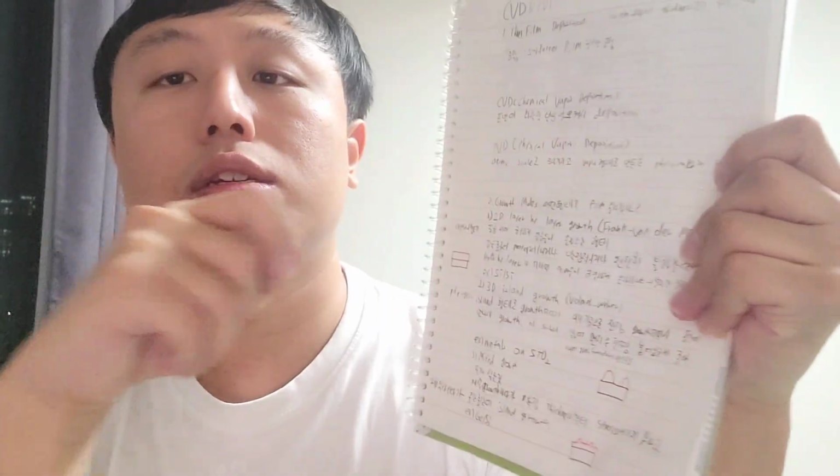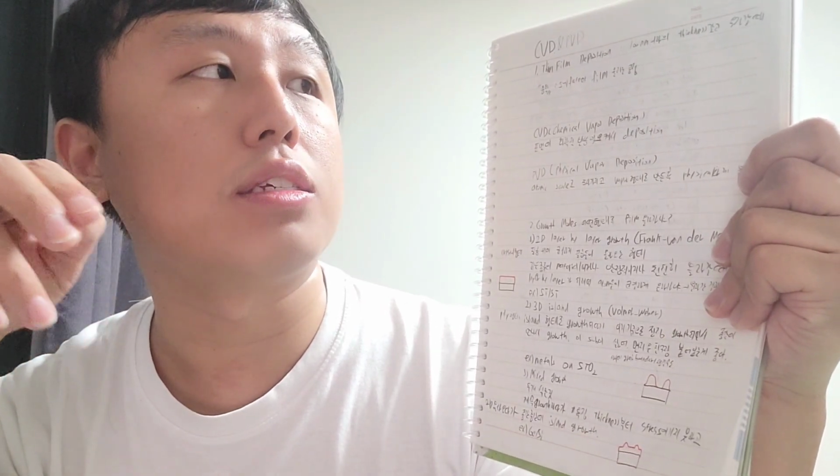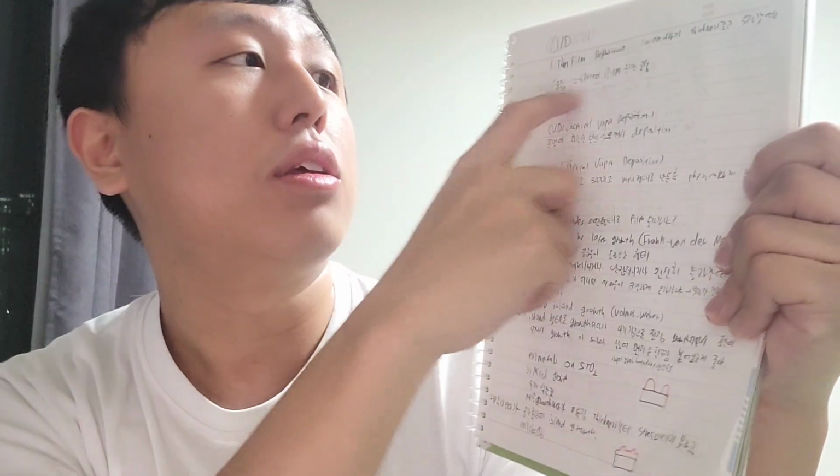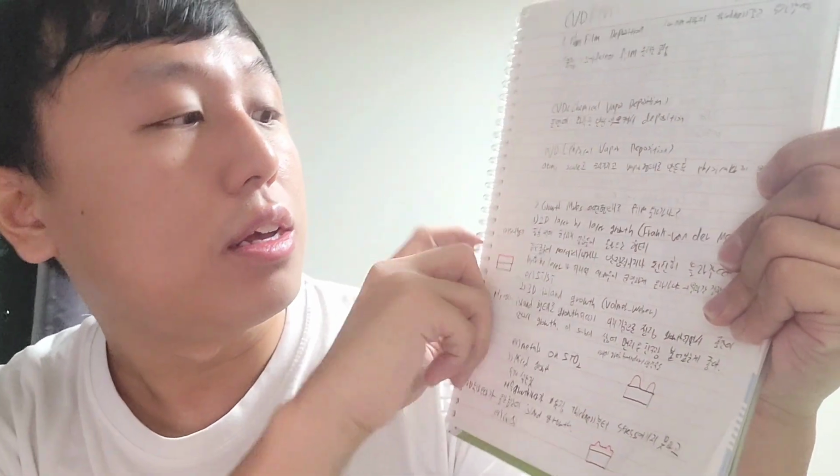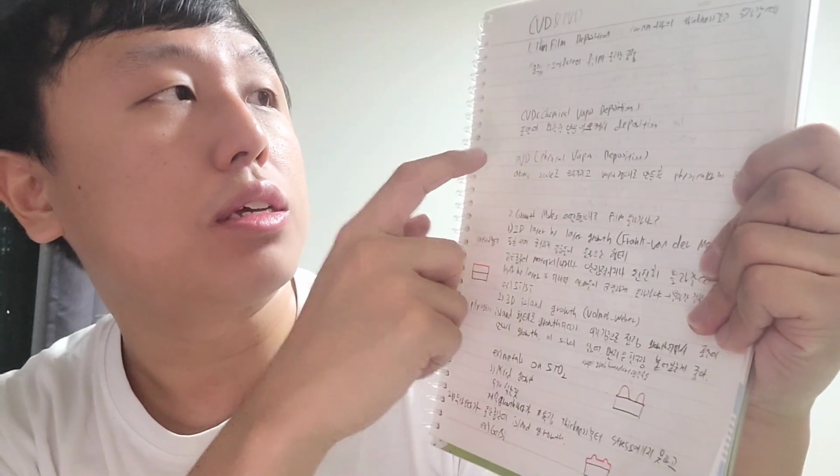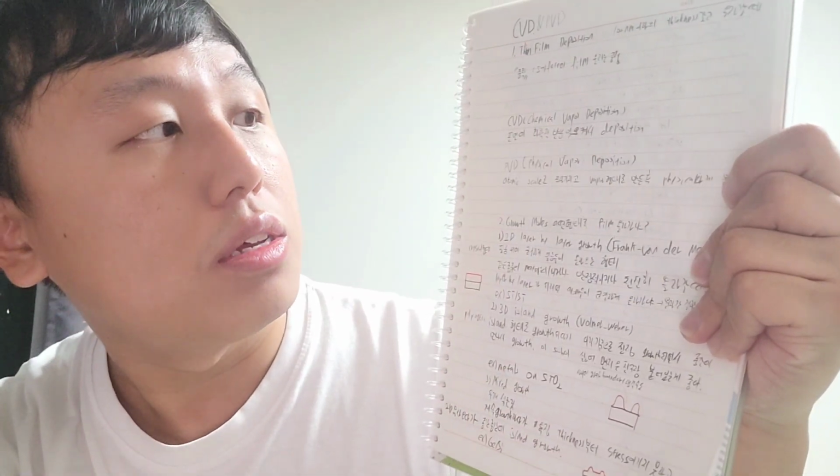And next we'll talk about thin film deposition. Thin film means a film with a thickness smaller than 100 nanometers. And there are two types of thin film deposition.